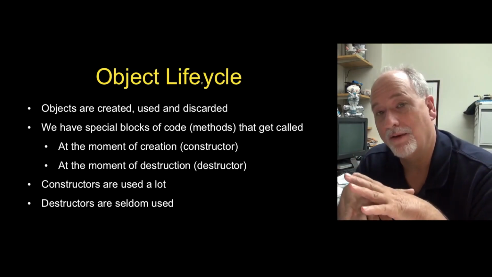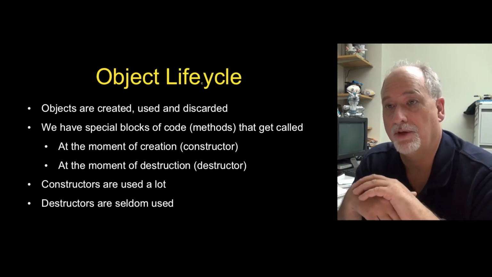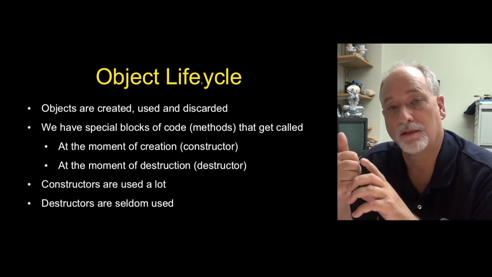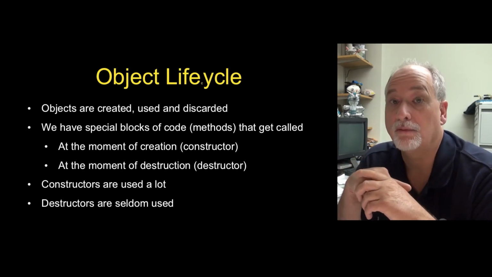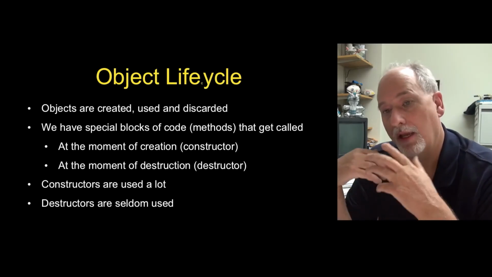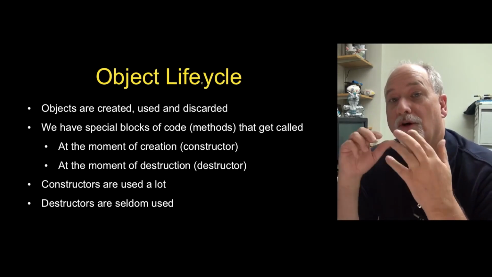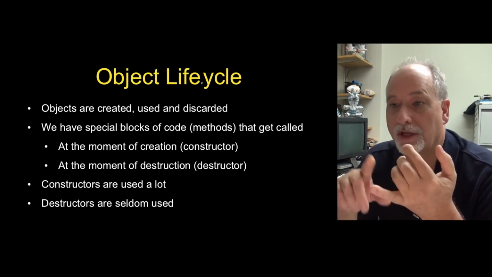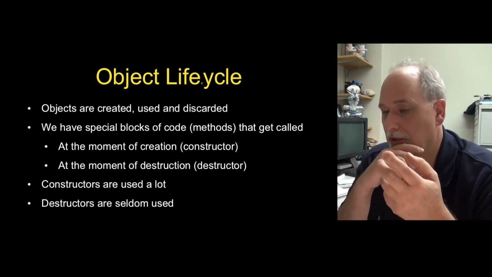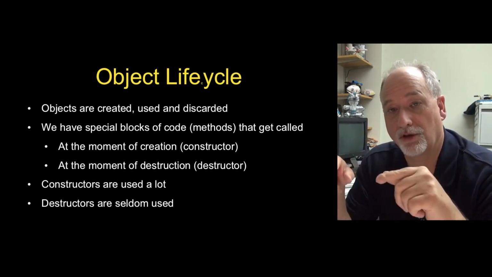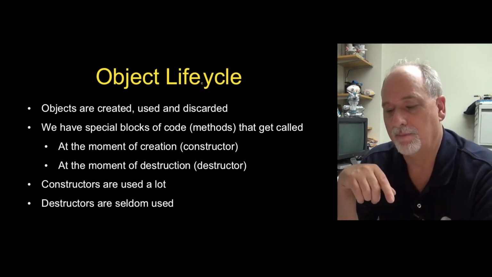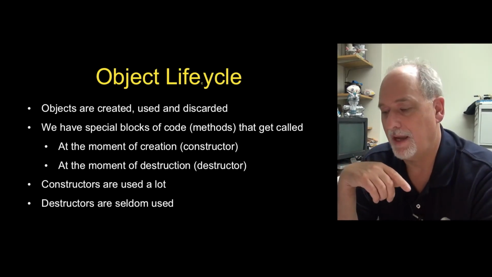And we, as the writers of objects, have the ability to insert ourselves at the moment of object creation and at the moment of object destruction. We make special functions that we call the constructor and the destructor. We don't actually explicitly call them; they're called automatically by Python on our behalf.